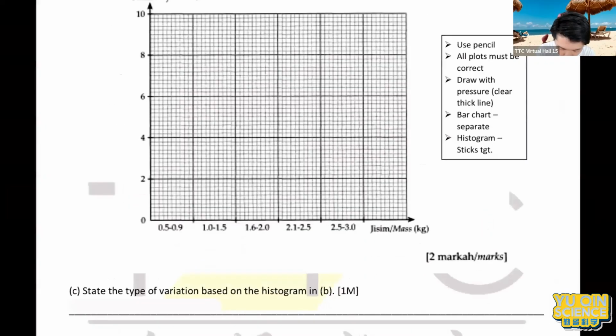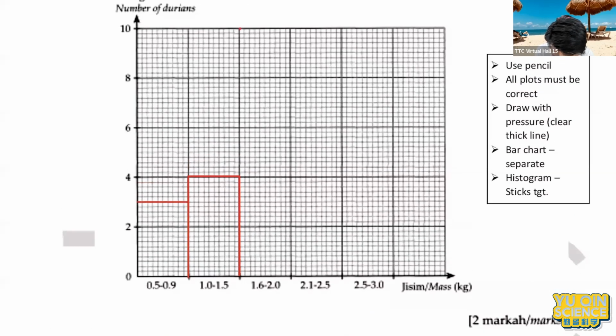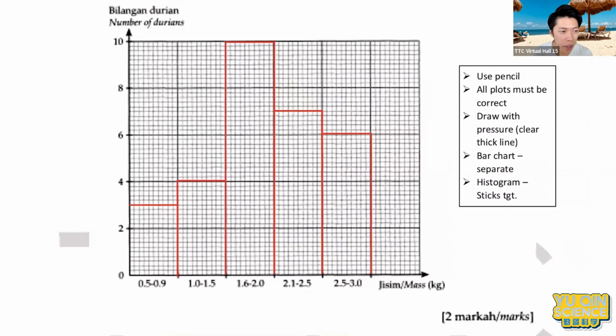Okay, so everybody, let's do this. 3, 4, 10, 7, 6. 3, 4, 10, 7, oops, 6. Okay, there you go.